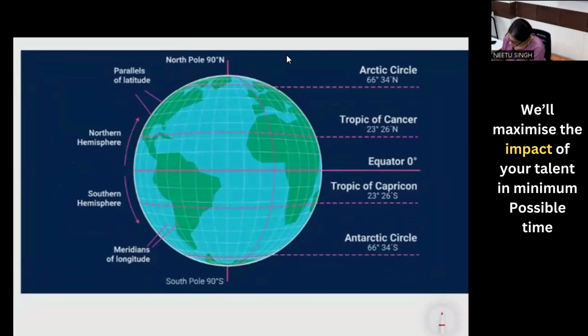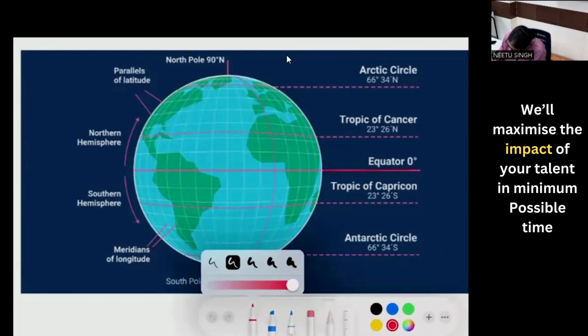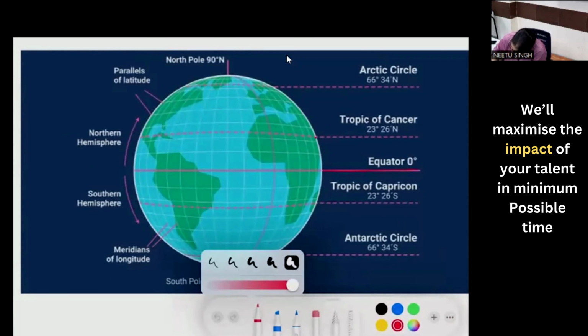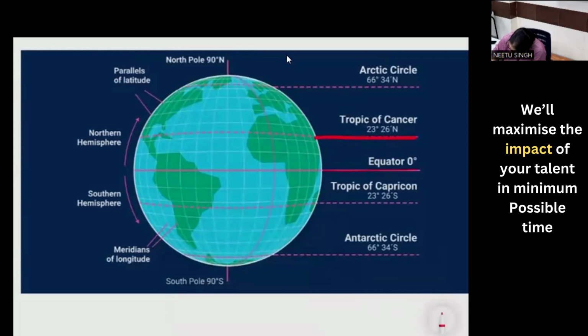The principal latitudes for us to understand are the equator, and the Tropic of Cancer and Tropic of Capricorn at 23.5 degrees north and 23.5 degrees south, in rounded-off figures. Then come the Arctic and Antarctic circles, at 66.5 degrees north and 66.5 degrees south. And then come the North and South Poles.